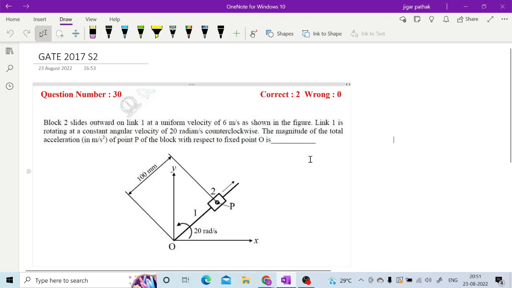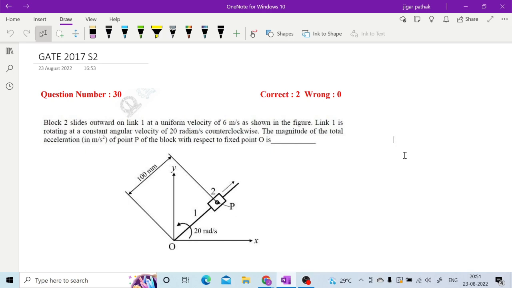Total acceleration you have to calculate. It means you have to calculate again those two components, the Coriolis component and the centripetal component. Once you calculate these two components, you can square them, add and take the square root. That will be your answer.